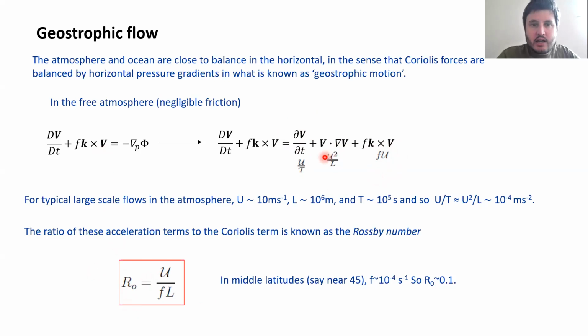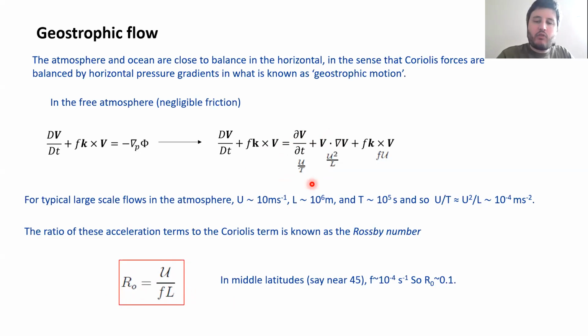If you take this U squared over L and divide by fU, you get this expression. When this parameter is very small, of the order of 0.1, it tells you that the Coriolis force dominates over these acceleration terms, so the flow is going to be close to geostrophic balance.